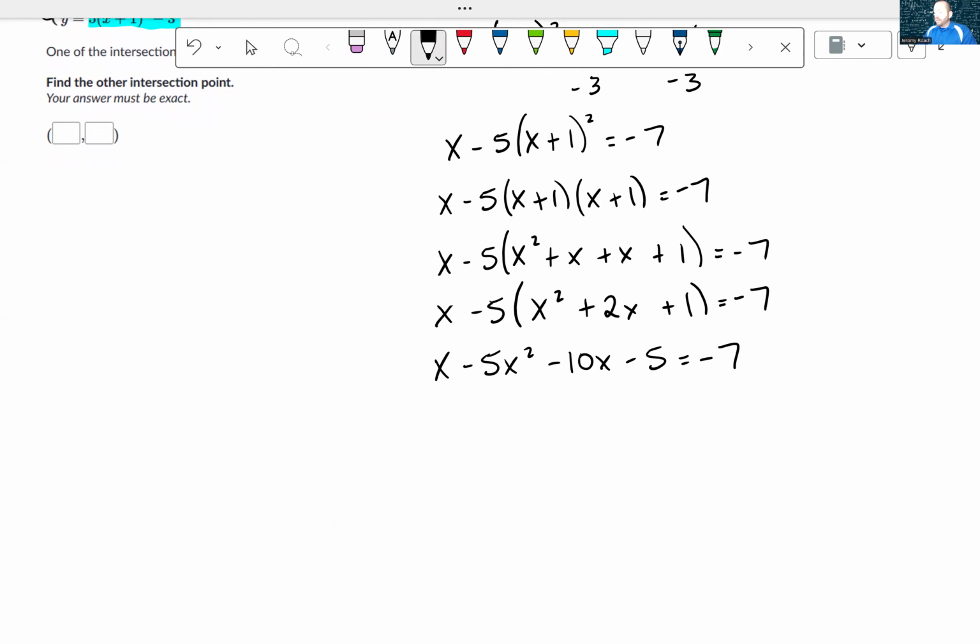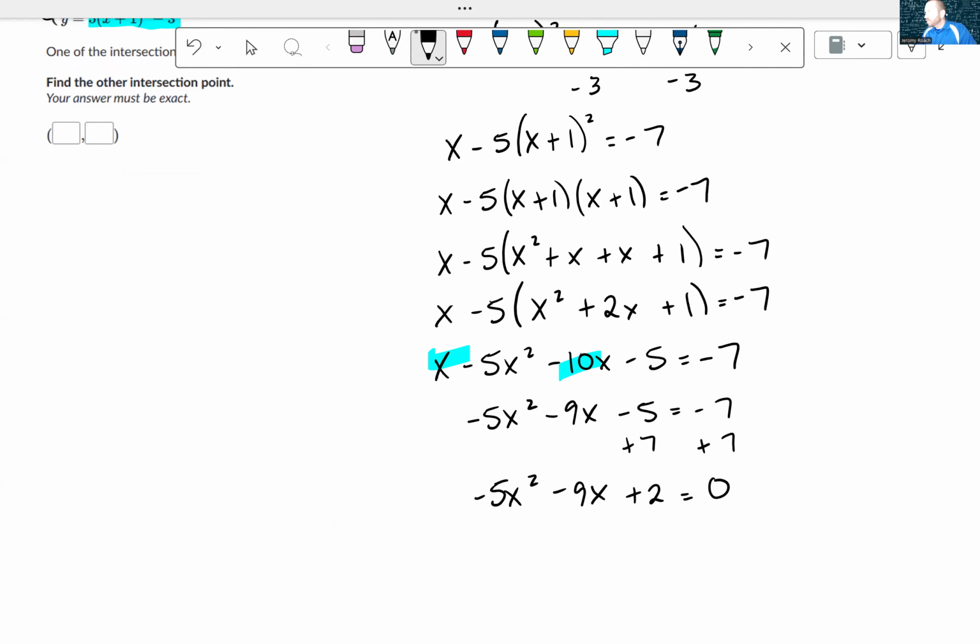Okay, now we have this x and this minus 10x. We can combine these two here. And so we have negative 5x squared minus 9x minus 5 equals negative 7. I'm going to add 7 to both sides to set it equal to 0. And we have plus 2 is equal to 0.